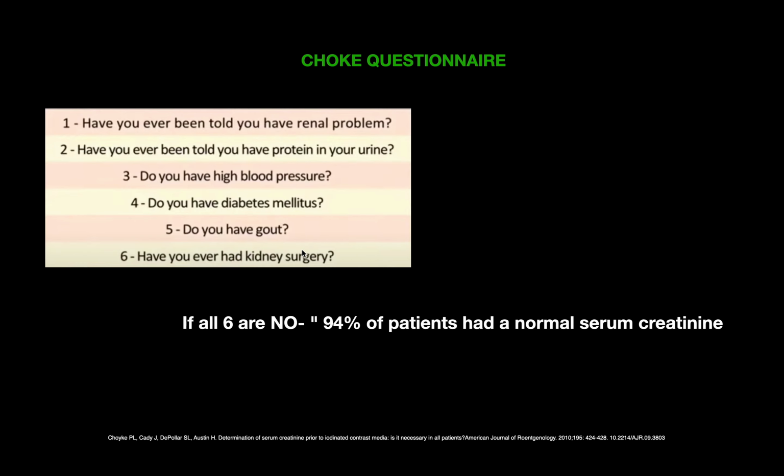Or do you have gout? Have you ever had kidney surgery? If all 6 answers are no, then 94% of the patients had a normal serum creatinine level, and this is the reference article. So with these few questions you can rule out whether the patient has a normal serum creatinine level or not.